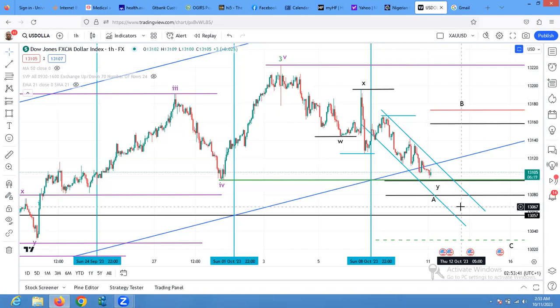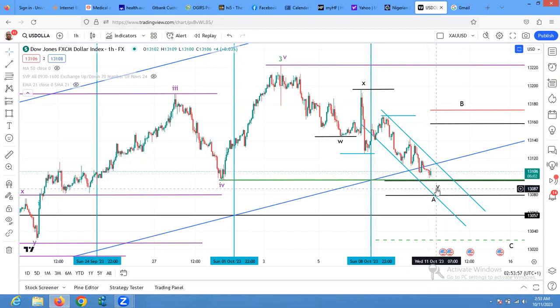But now we are talking of structure break, and the manner in which that structure is broken or rejected. So in this case, if we are entertaining a B, we are already entertaining a rejection. There's going to be a structure break, but the structure will not hold above the break or below the break in this case.